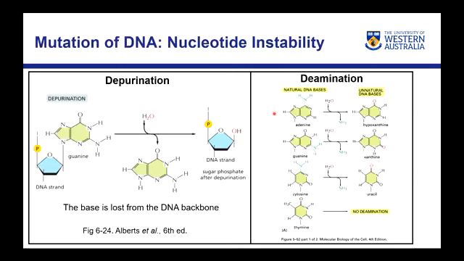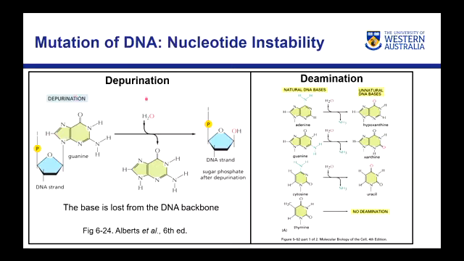So the first example of mutation of DNA is nucleotide instability. Now, here we've got depurination. What are the purines in DNA? Clues here: guanine and, it's the two rings, so guanine and adenine, they're the purines.